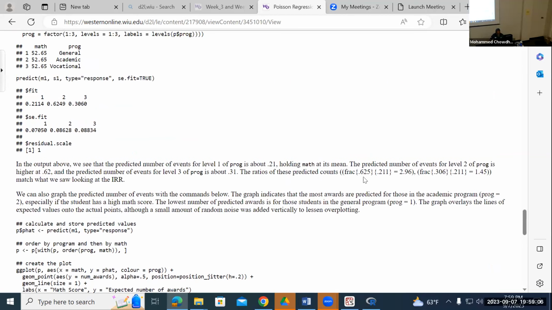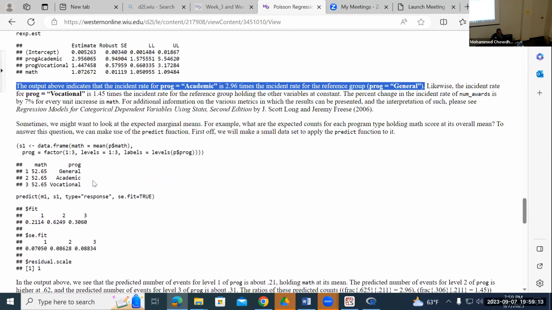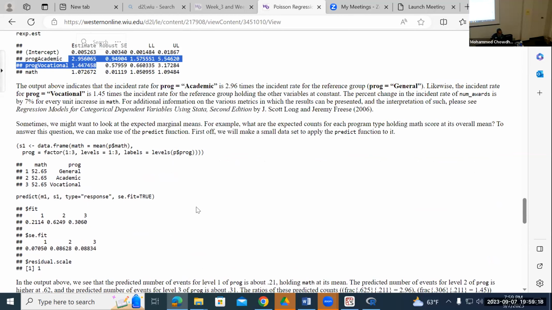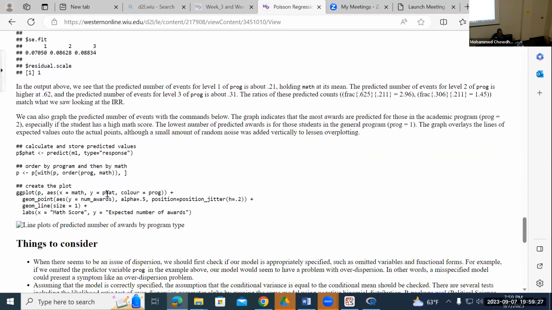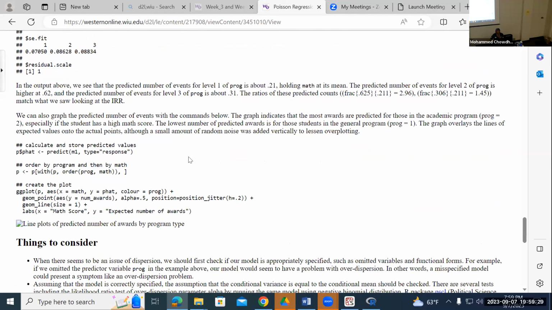So this ratio, when they have taken it, they got 2.96 and 1.45, which matches these two values. This means they created artificial data on a small scale, predicted from it, and then by finding the ratio of those estimates, they get exactly the same value as the incidence rate ratio.